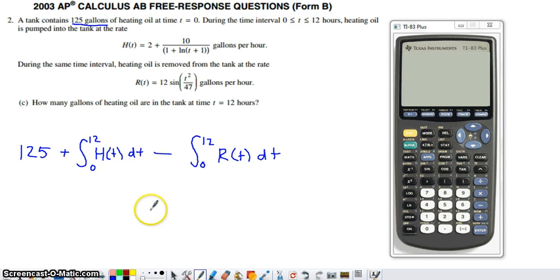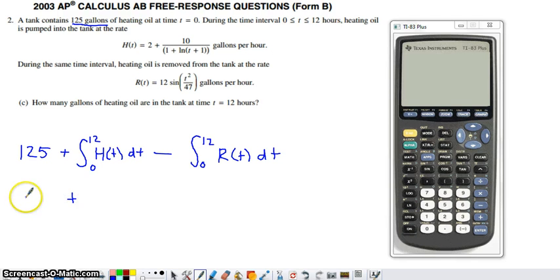I'm going to simplify this a little bit before we do, though. I don't want to do two separate integrals on the calculator. I want to do one integral. Typically when we do definite integrals by hand, we maybe start with a single definite integral and break it up into two separate definite integrals. In this case, I'm going to do the opposite.